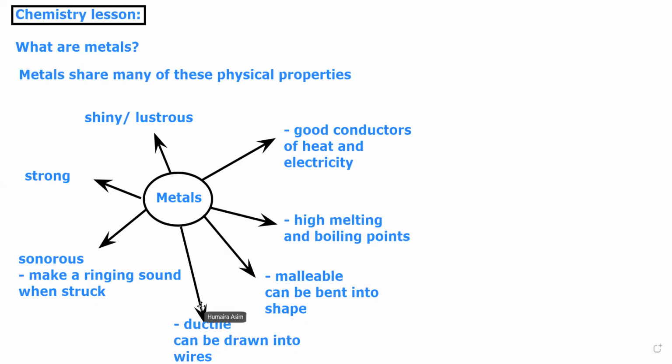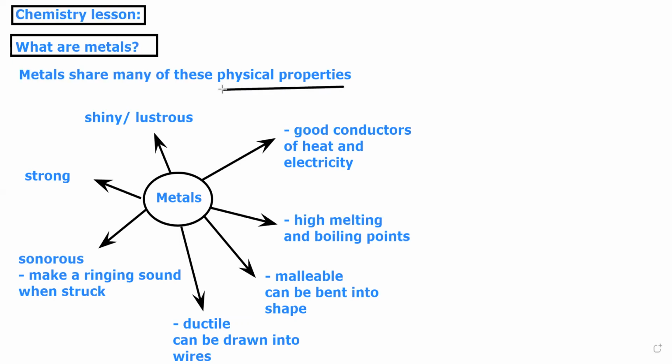Now we can talk about some of the chemical properties as well. So these are basically physical properties. Now, how about chemical properties? Let me write it on the other side so you have a clear understanding.